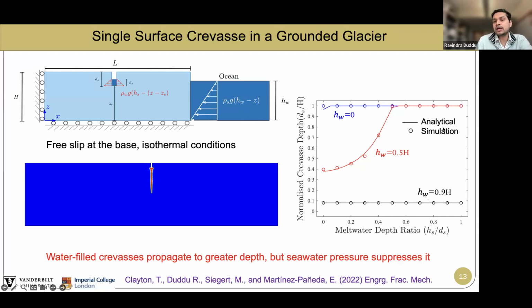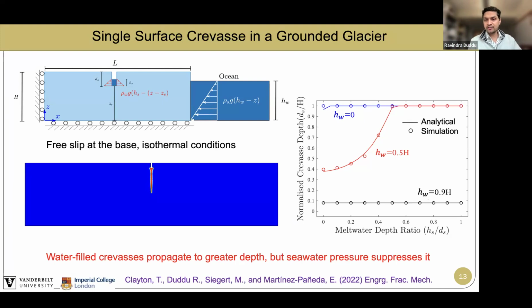And then we calculated the corresponding linear elastic fracture mechanics depth. Think of this as the Vanderbilt fracture mechanics model. Using that, we can figure out the lines, which are the analytical depths. So this is our sort of numerical verification.